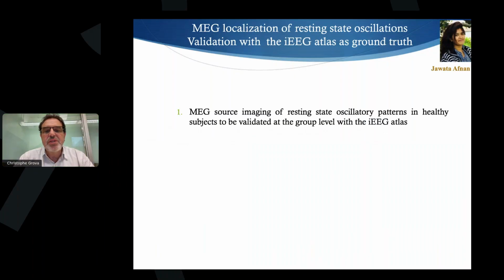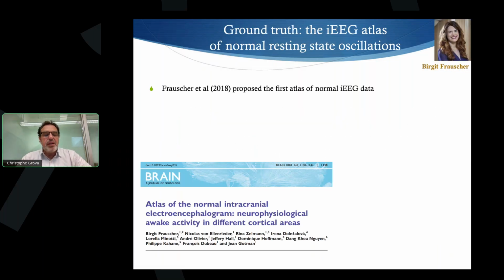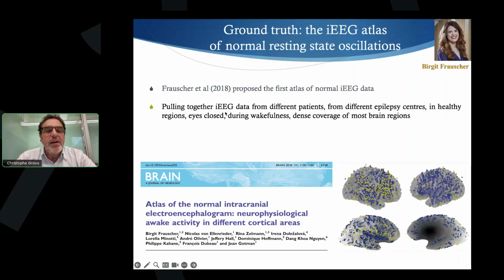So we want to do MEG source imaging of resting state oscillatory patterns, in healthy subjects, and we want to validate at the population level with an atlas of intracranial EEG. And we're going to use this wavelet-based MEM. To do that, we use this great atlas developed a few years ago now by Birgit Frauscher and Dr. Jean Gotman, which is a multicentric study that put together intracranial SEEG data from different patients, from different centers, but considering only healthy regions, so non-epileptic regions, using eyes closed, wakefulness, and this is the coverage they got at the population level.